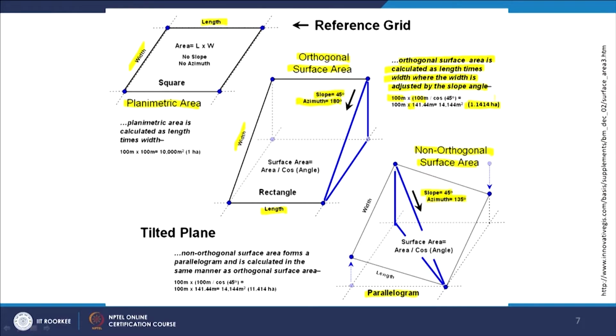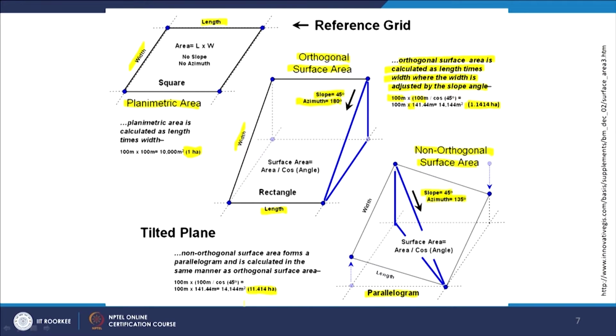If I do it in a planimetric fashion using a topo sheet, the area is just 1 hectare. But if it is non-orthogonal, then it is coming 11.414 hectare. See the difference, a huge difference in the surface area. Instead of 1 hectare, it is now coming 11 hectare.